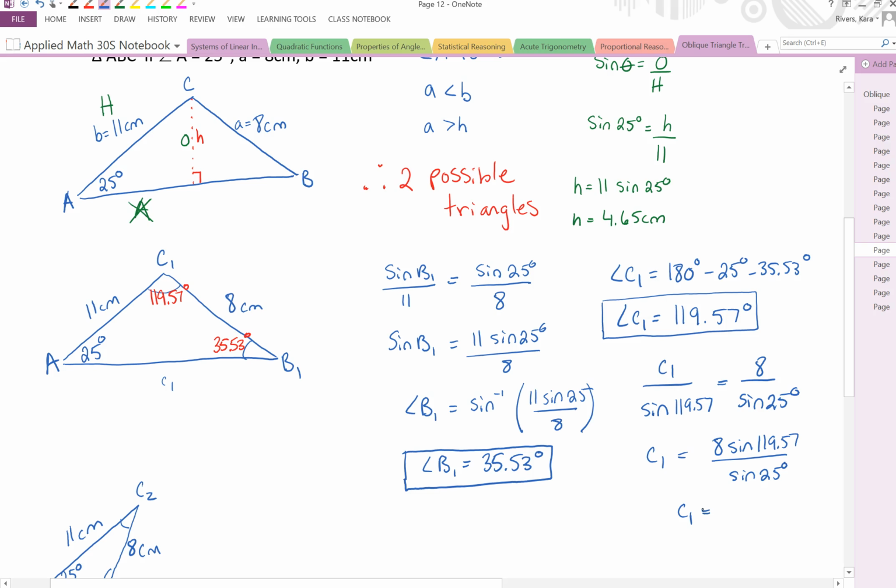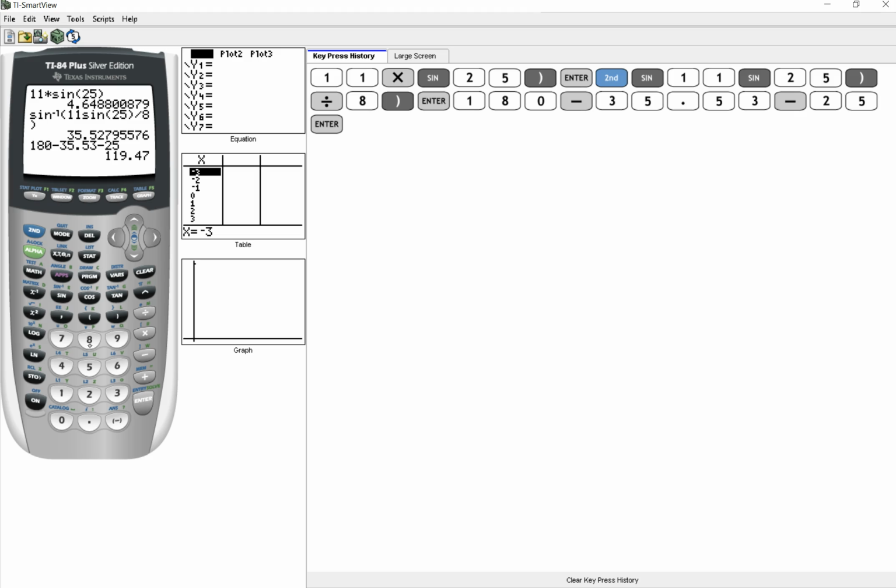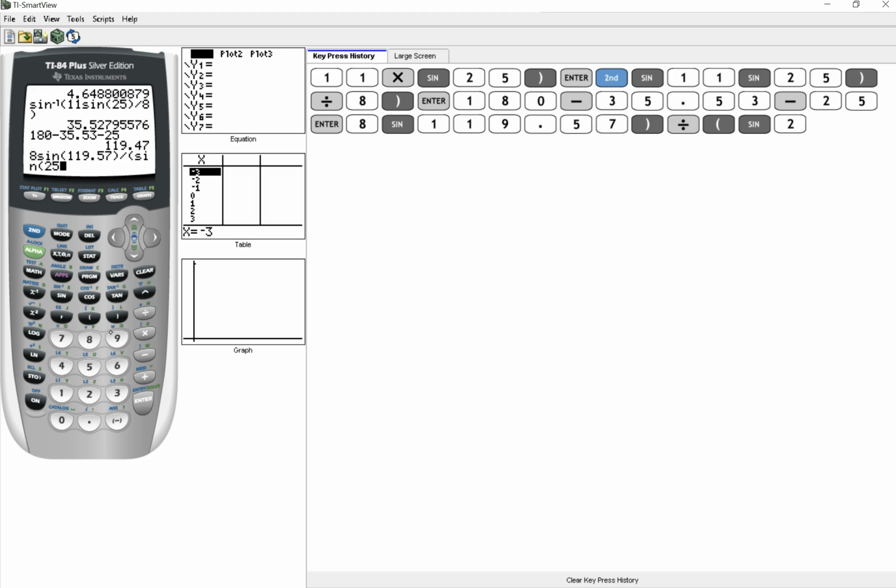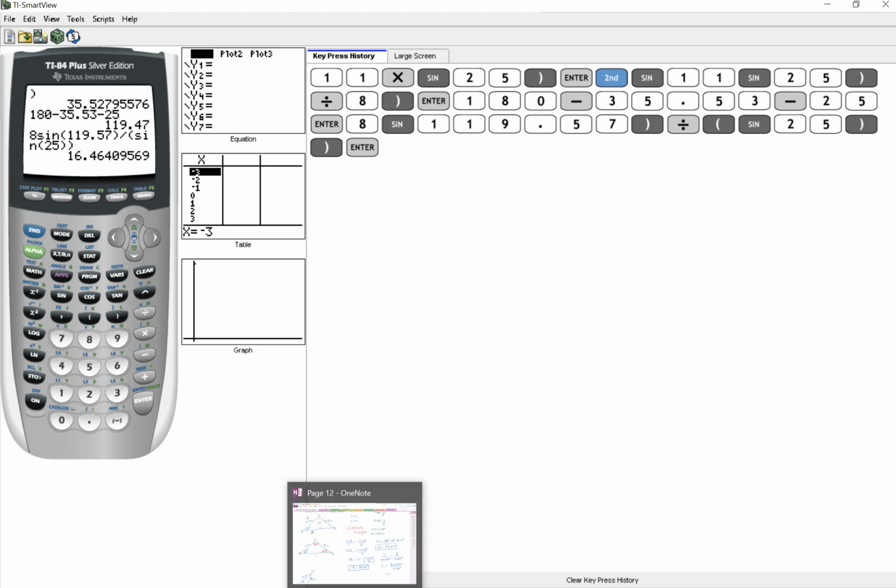Going ahead and putting that in my calculator, we get an answer of 16.46 centimeters.